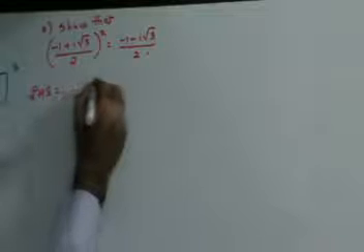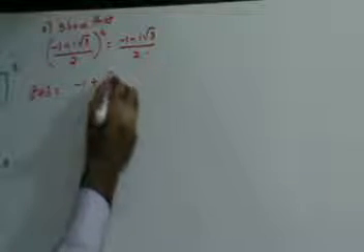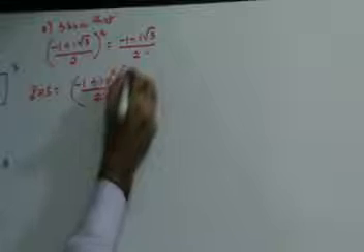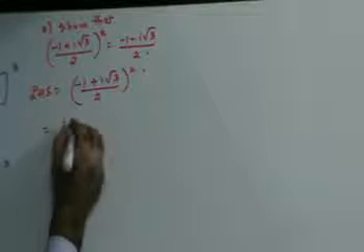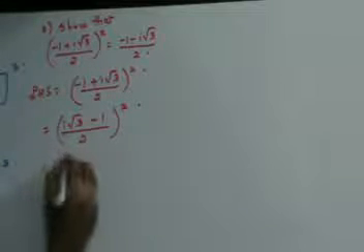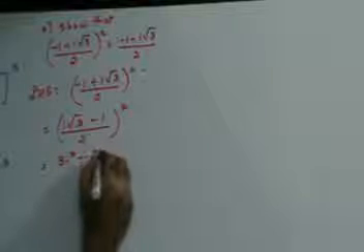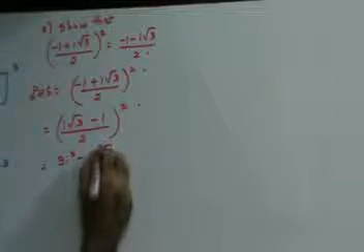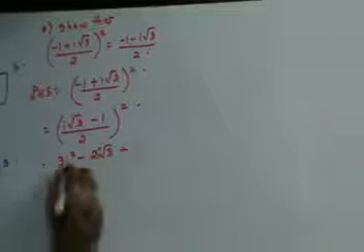Right? Let's see this. LHS: ((minus 1 plus i root 3) upon 2) the whole square. This can be written as ((i root 3 minus 1) upon 2) the whole square. I'm just rearranging the terms. This is in the form (a minus b) the whole square, so this is going to be a square minus 2ab plus b square upon 2 square, which is 4. i square is minus 1.